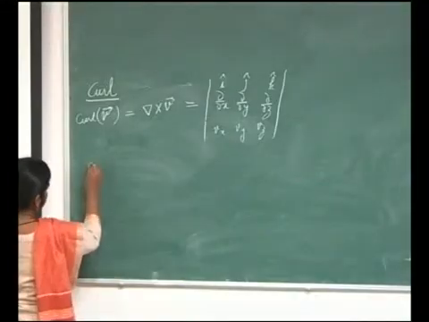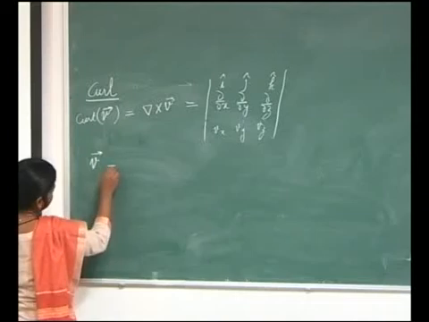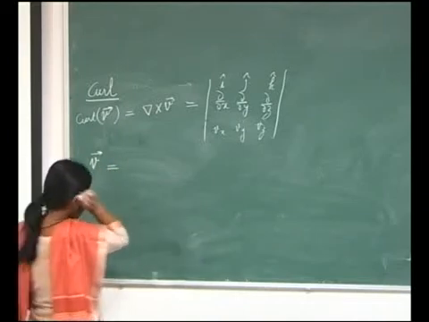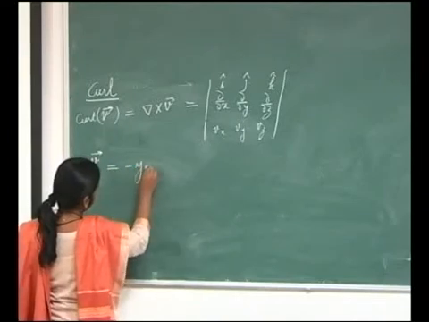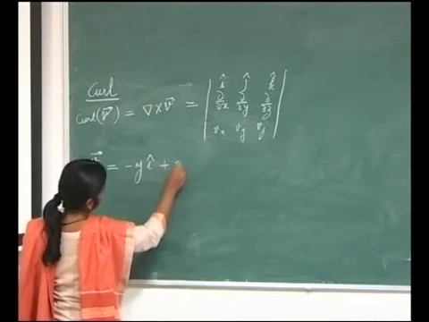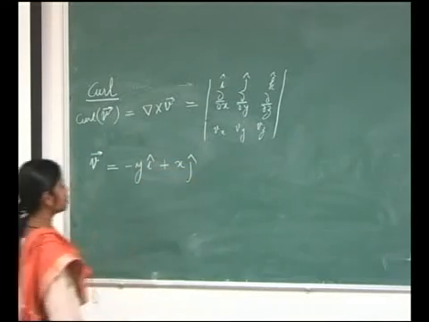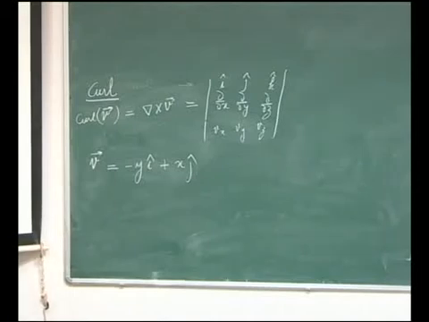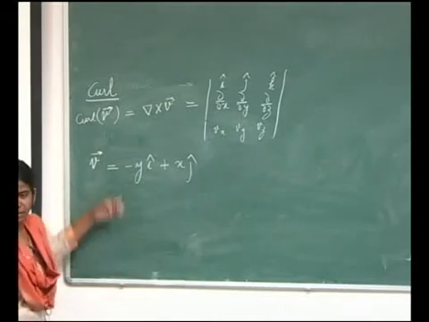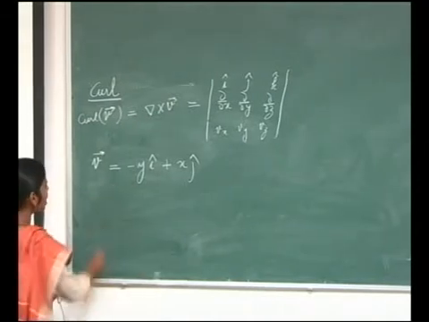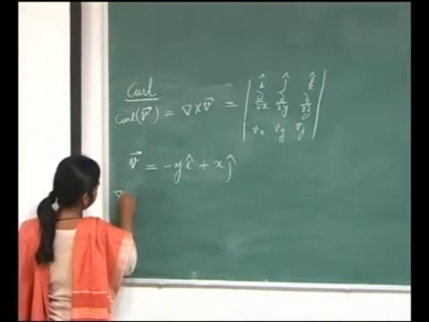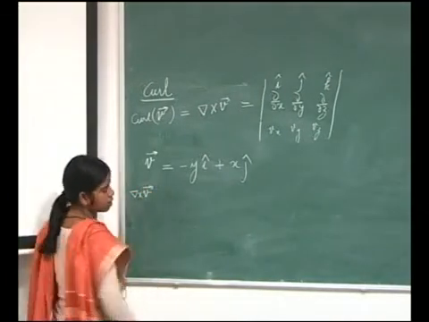Say I have a vector given as minus y i plus x j. This is the given vector, and you have to compute del cross V. Okay.